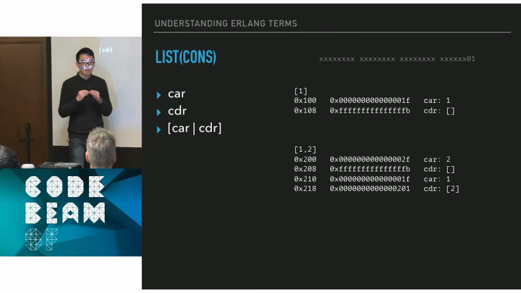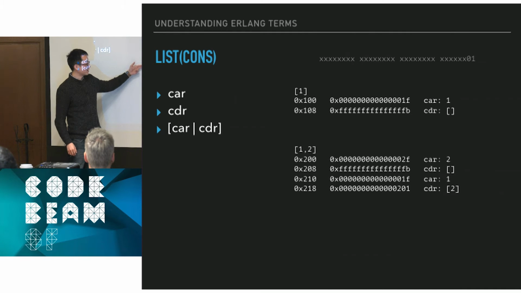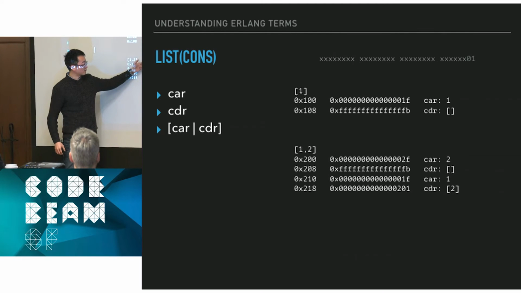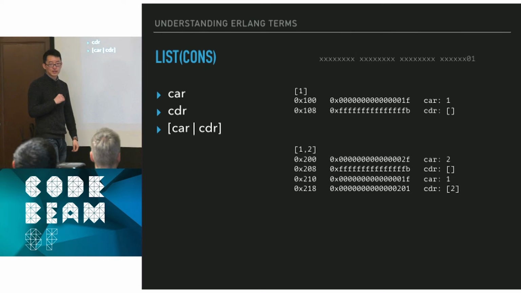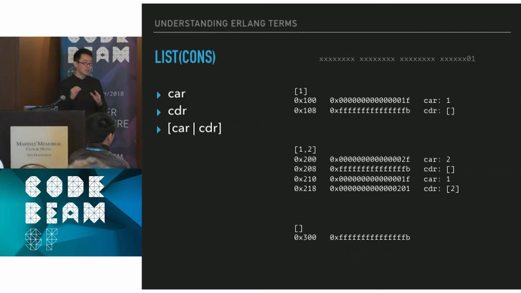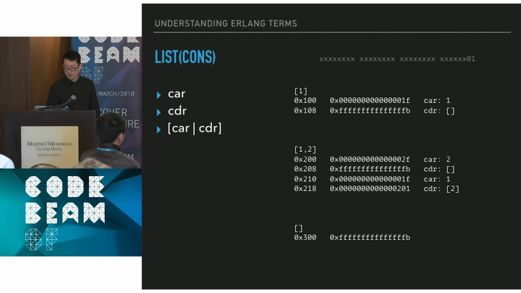The actual memory address is 200, and if you look at 200 here, it is the next list cons cell. It has the data 2, and then it has the nil type at the end. If it's an empty list, it's just this nil type, which is an immediate type.